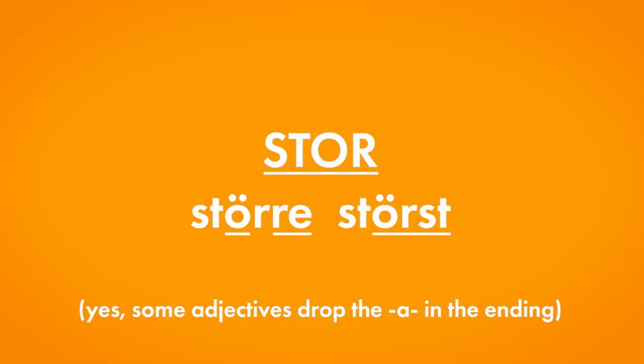An umlaut is when the vowel changes. So, for instance, we have stor, we have större, bigger, and we have störst, the biggest, right? So, o turns into ö here.